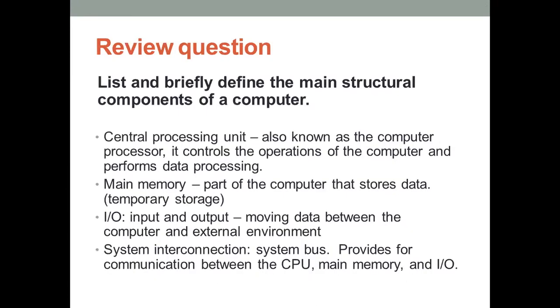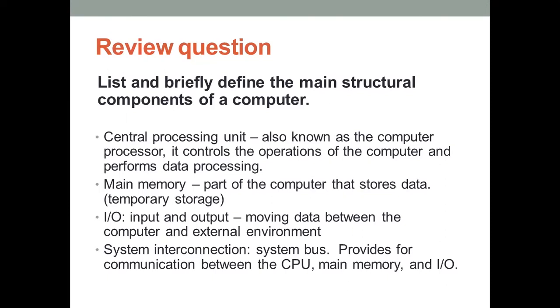Okay, for the review question: list and briefly define the main structural components of a computer. The central processing unit, also known as the computer processor, controls the operation of the computer and performs data processing. Main memory is the part of the computer that stores data as temporary storage.